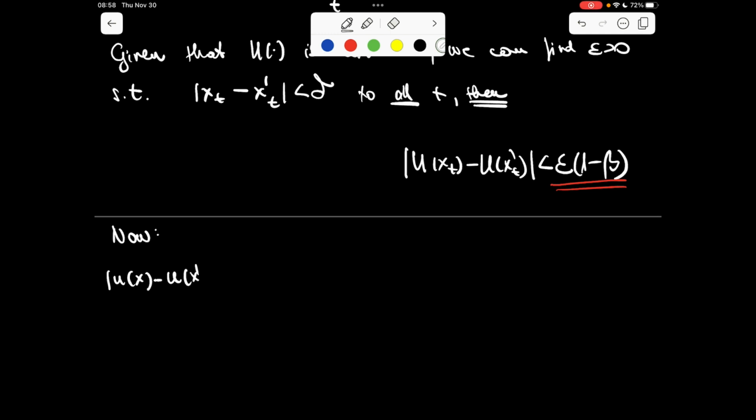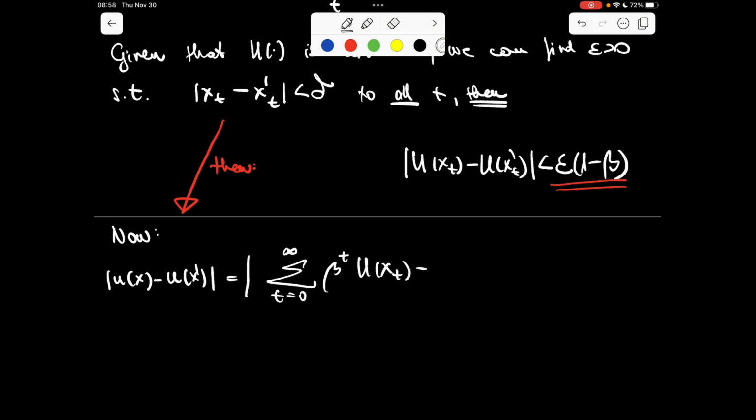If we have this distance between the two consumption paths, we can say that this equality holds. This is just the expanded version of the difference.